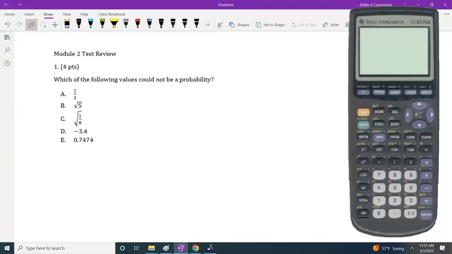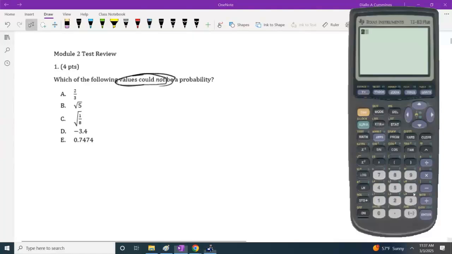All right, so looking at this module 2 review, notice that this is worth 4 points. Which of the following could not be a probability? Well, we talked about the probability has to be in between 0 and 1. So any number outside of those ranges answers this problem, because we want to know which values could not be a probability.